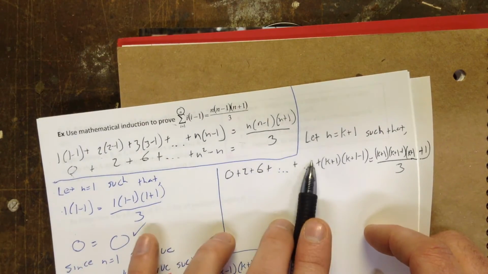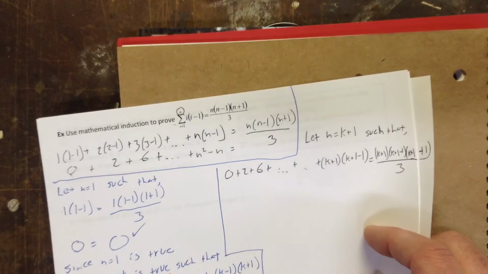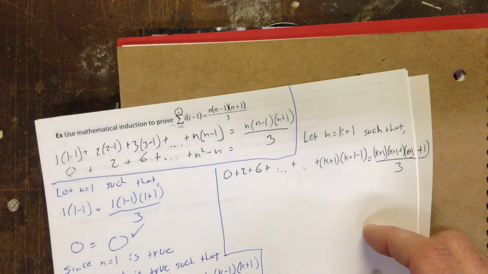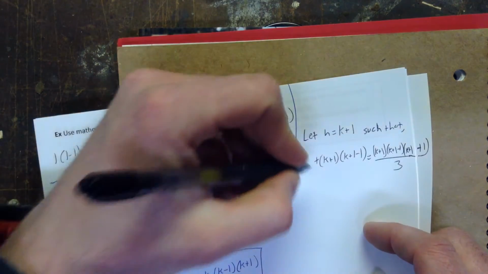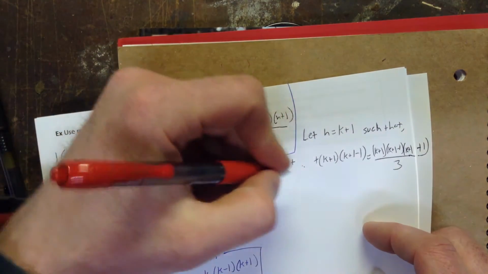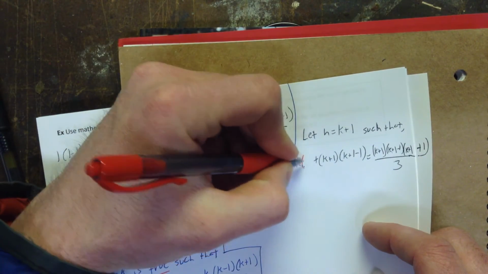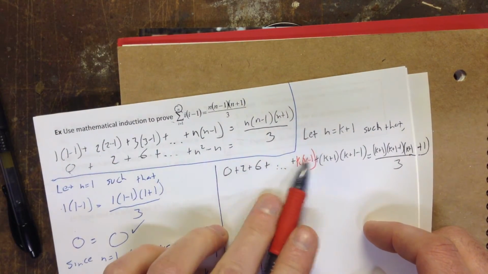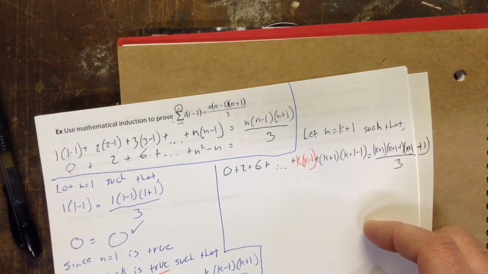In fact, this list is one term longer, and so if you went back a term from the k plus 1 term, you could go back to the k term, which happens to be k times k minus 1. That term sits right there. Almost the last term, but not quite.